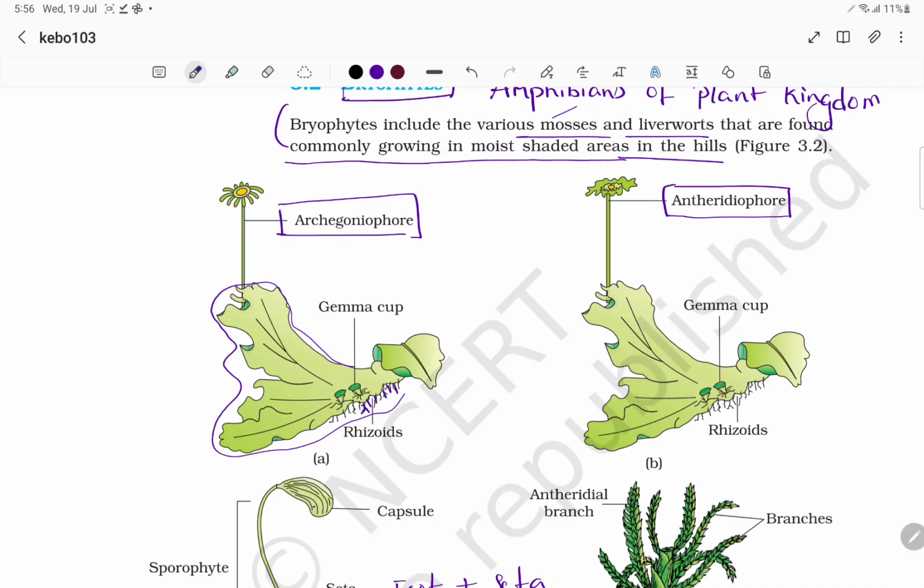So we call bryophytes, mosses, pioneer successors. Why pioneer successor? Because they can grow on barren rocks also, right? Moist shaded areas in the hills need more water, mainly for sexual reproduction.